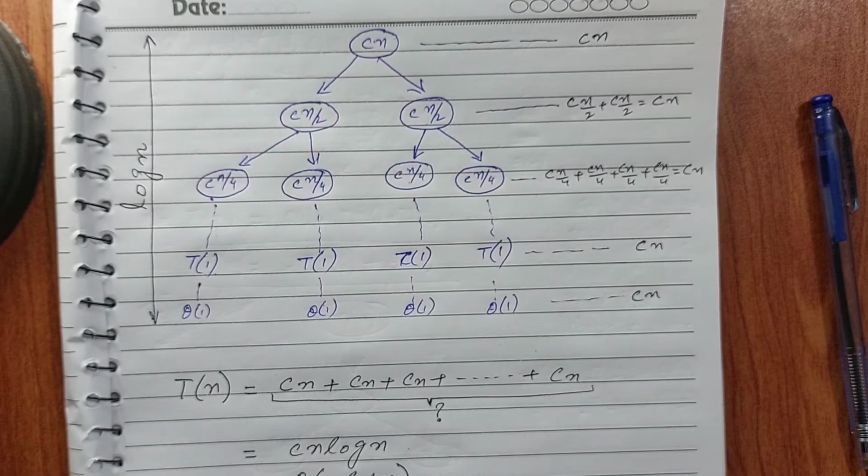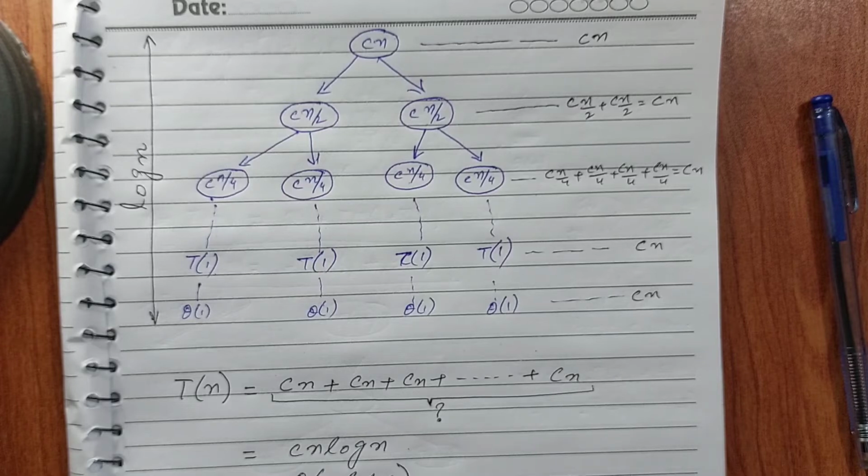So this is the time complexity of merge sort. In the best case, worst case and average case, it always behaves in the same way for any kind of data, so it always behaves as n log n.